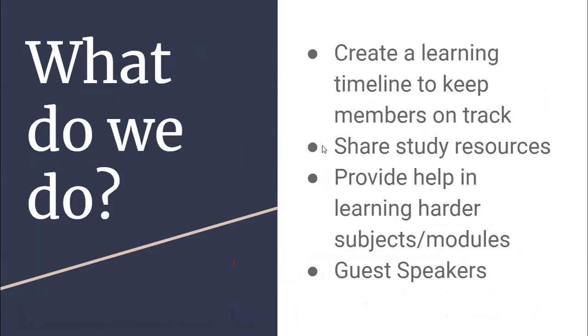So what we're planning to do for this course is basically create a learning timeline. This is not to control what you're doing. It's just a way to motivate you to finish on time and keep us all on the same track.